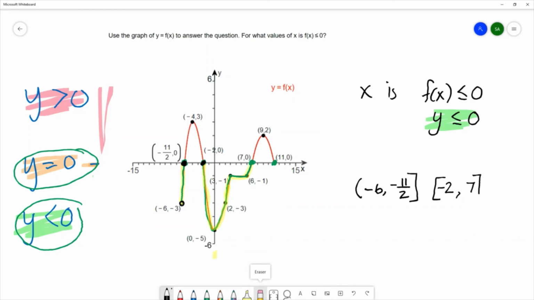I'll also put a bracket on 7. And then finally, I need to include this point right here on its own. It's not an interval, it's a single point. So I would include on its own 11. So these are the x values where y is less than or equal to 0.